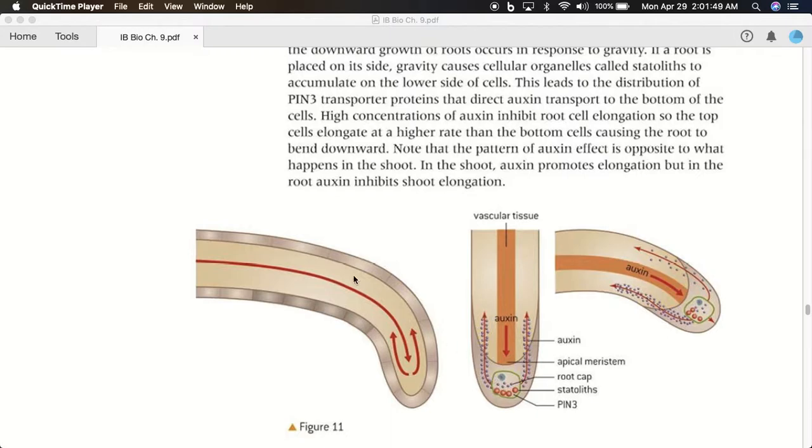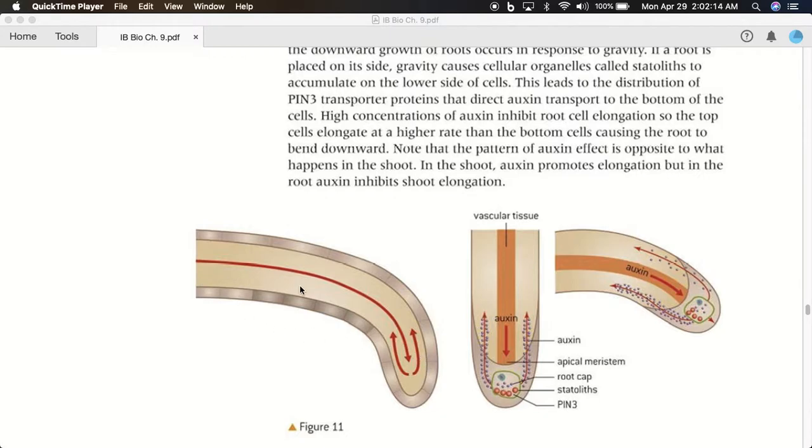And so if you have the root laying on its side, the organelles of the statoliths are going to transport the auxin using the PIN3 proteins that they have, according to the rules of gravity.